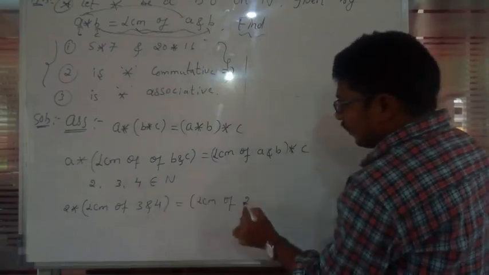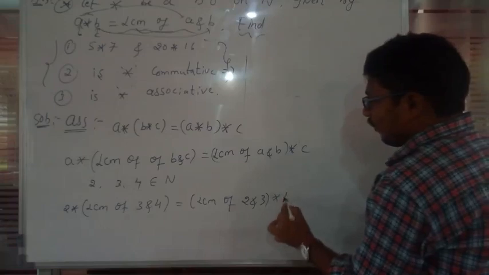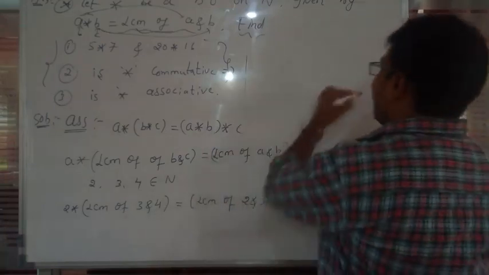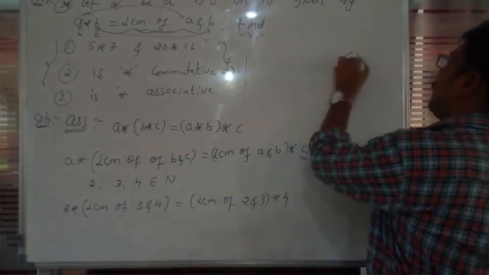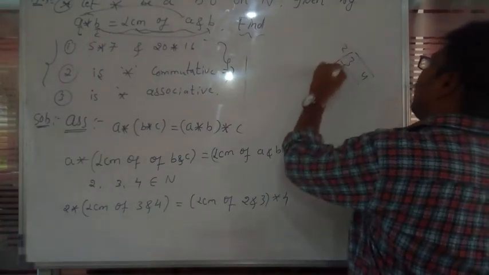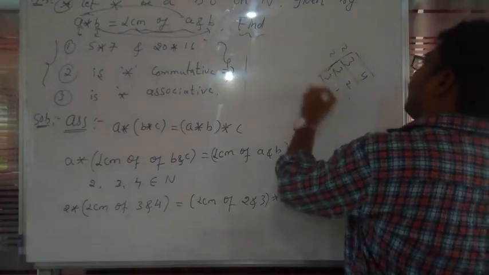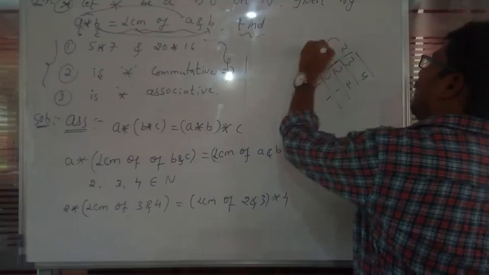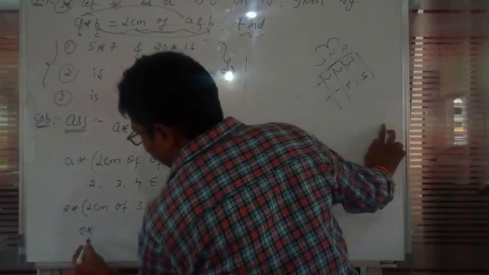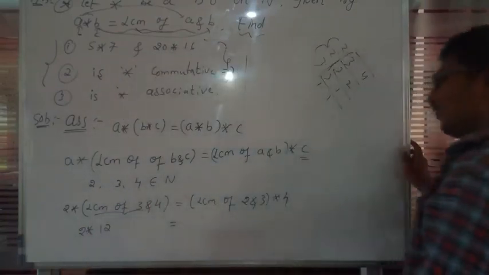It means 2 and 3 star, with what remaining outside? 4 is remaining, because outside here is 4. Okay, 3 and 4, what is the LCM? First take the minimum number, 2. 3 ones are 3, 4 threes are 12. So 2 star 12 is equal to LCM of 2 and 3.